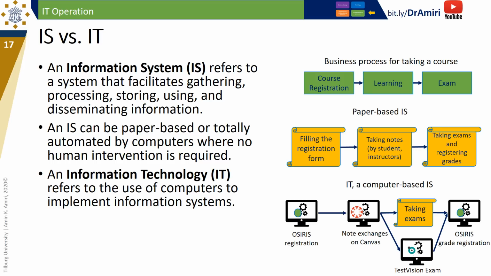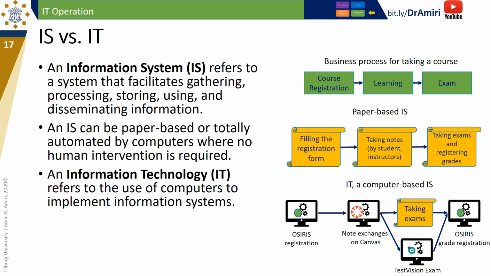And after that, the instructor can announce the grade using Osiris. So you can see here, this business process of taking a course can be fully supported by computers as well.